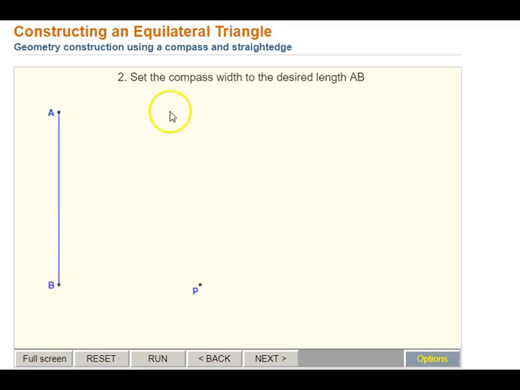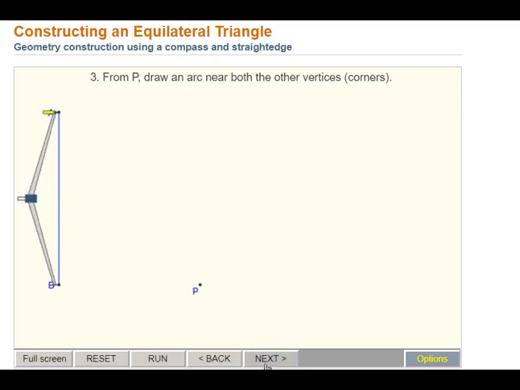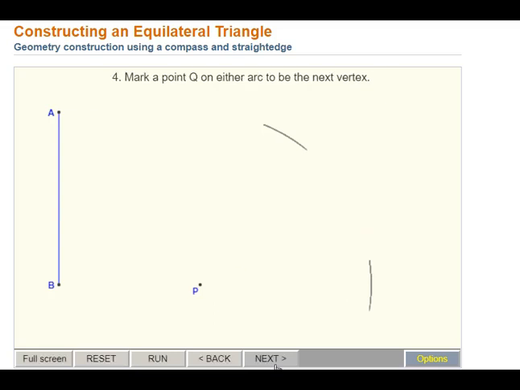Now, set your compass width to the length AB. From point P, draw an arc near both the other vertices or corners. So you're going to move your compass keeping this width. Mark a vertex near where you believe the corners of your triangle will be.